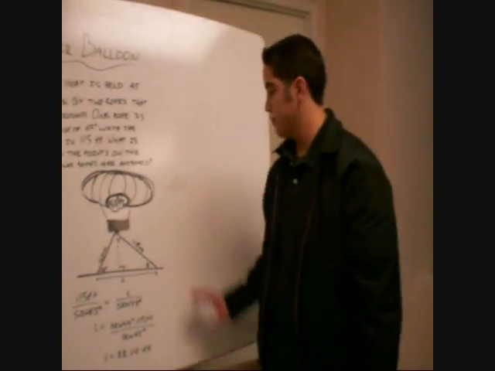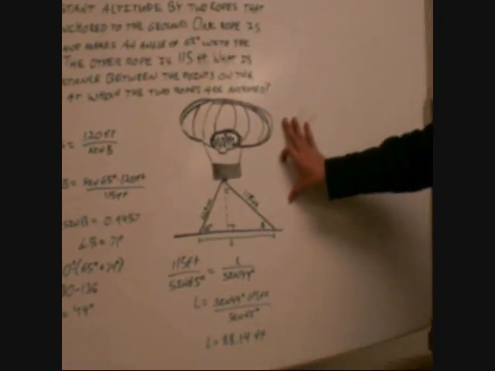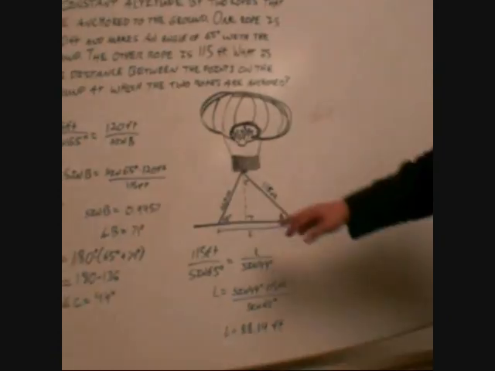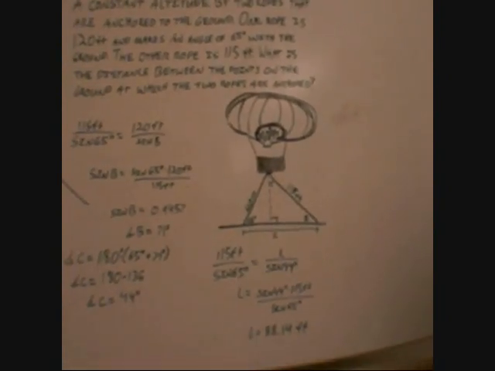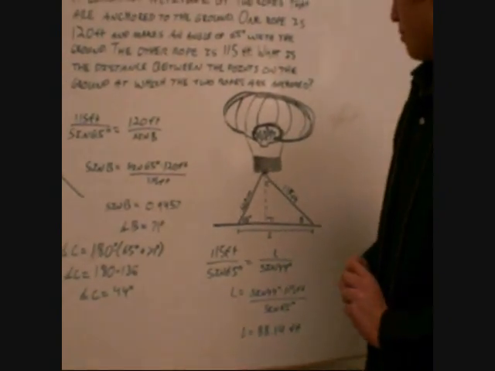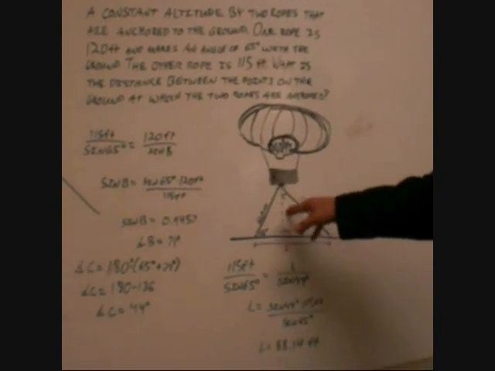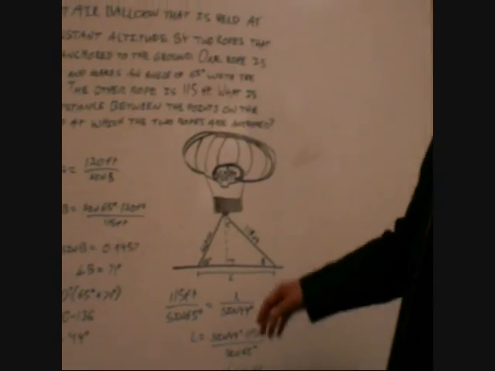First off, you start by drawing out the information that you've been given. Here you can see the rope is 120 feet and the other one's 115. First, you start off by finding this angle right here, the angle at the top.